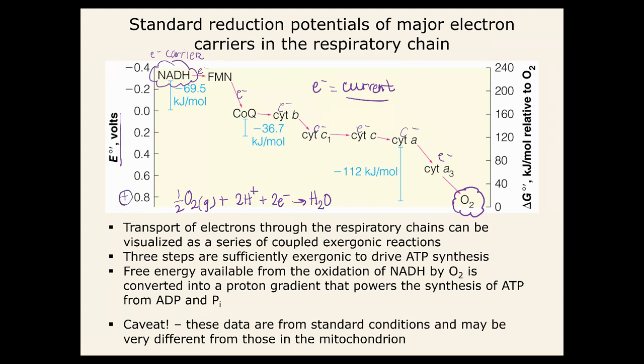As the electrons get transferred, you see how the free energy gets released. So each of these steps releases free energy, and ultimately, across the board, you get a release of negative 221 kilojoules per mole, which is a lot, actually. And again, the voltage is 1.10 volts.